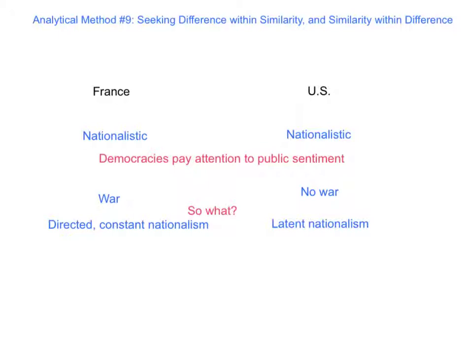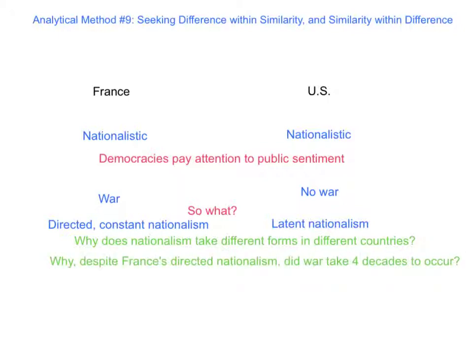So there may well be something really important about this different type of nationalism, and it opens up other questions for us. It opens up questions about why different types of nationalism occurred. Why, if France was so hostile towards Germany, was there no war for decades and decades after the Franco-Prussian War in 1870, 1871?